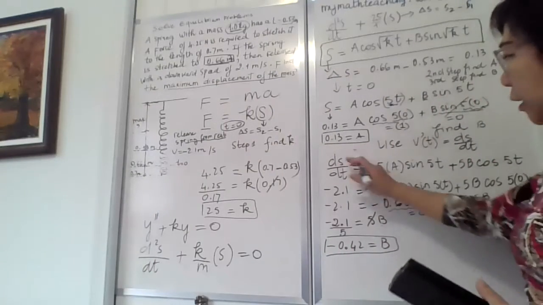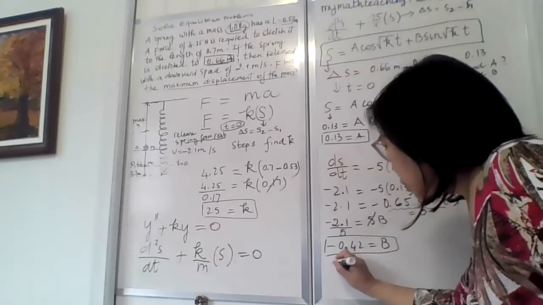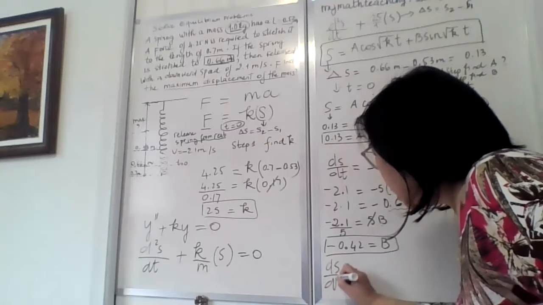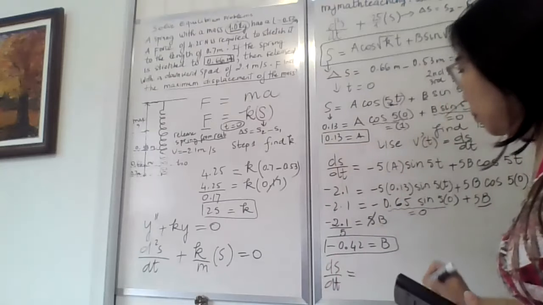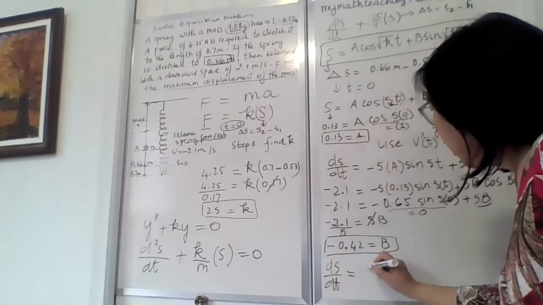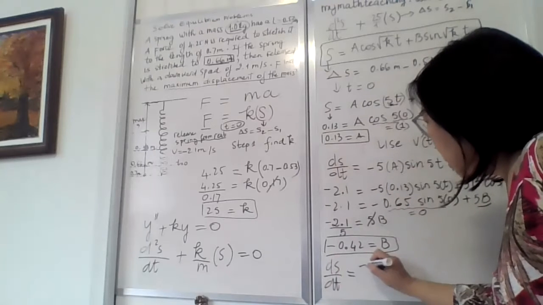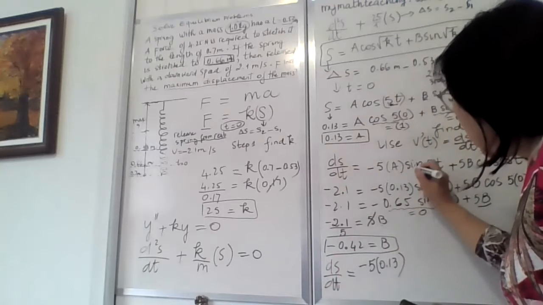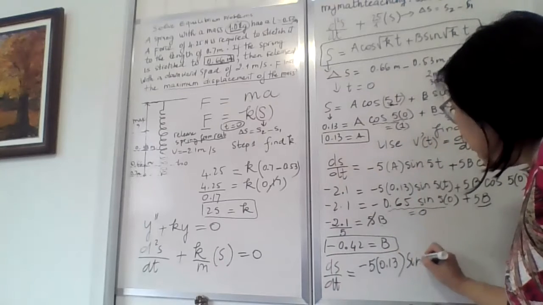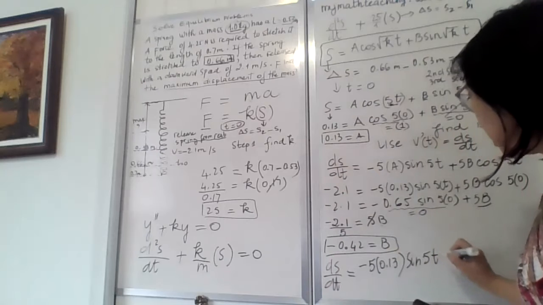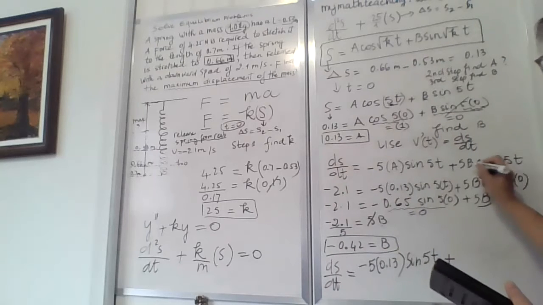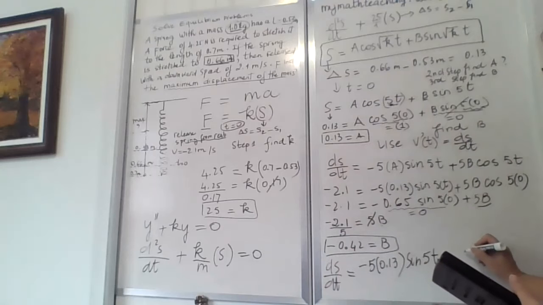We're going to rewrite this equation again. So ds over dt equal, follow that, minus phi times 0.13 psi of phi t adding with phi b, and b is this.